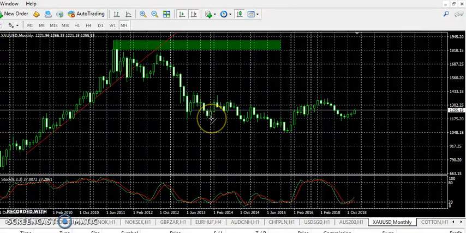This did not create a lower low here, but then this came down, this did here. So we have our latest trend like that. That's what we have.